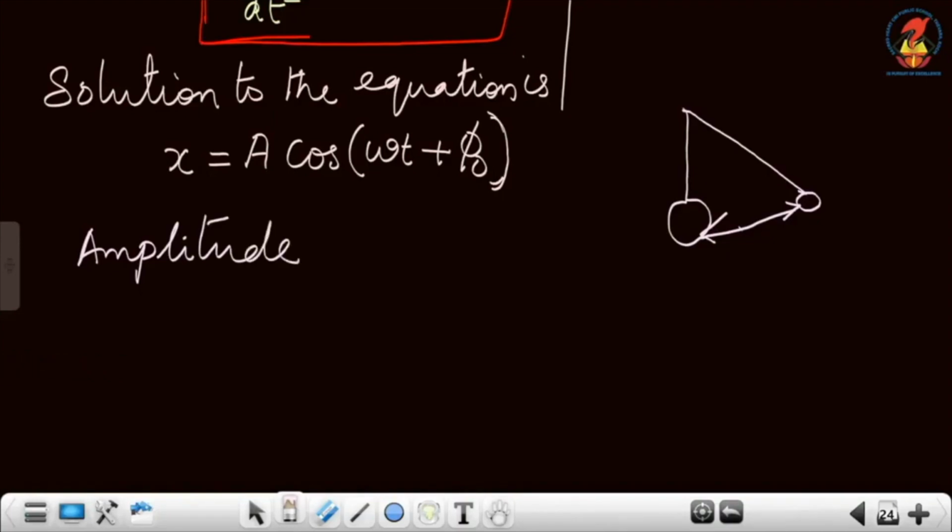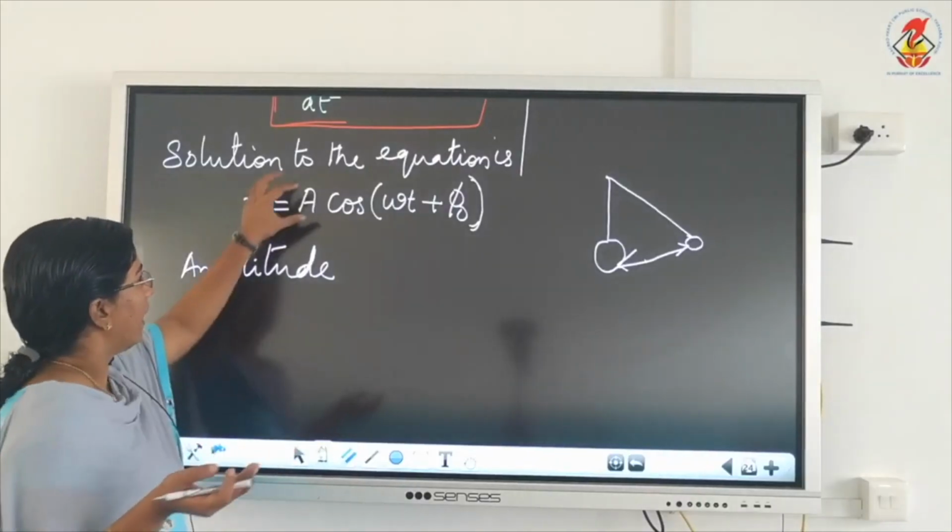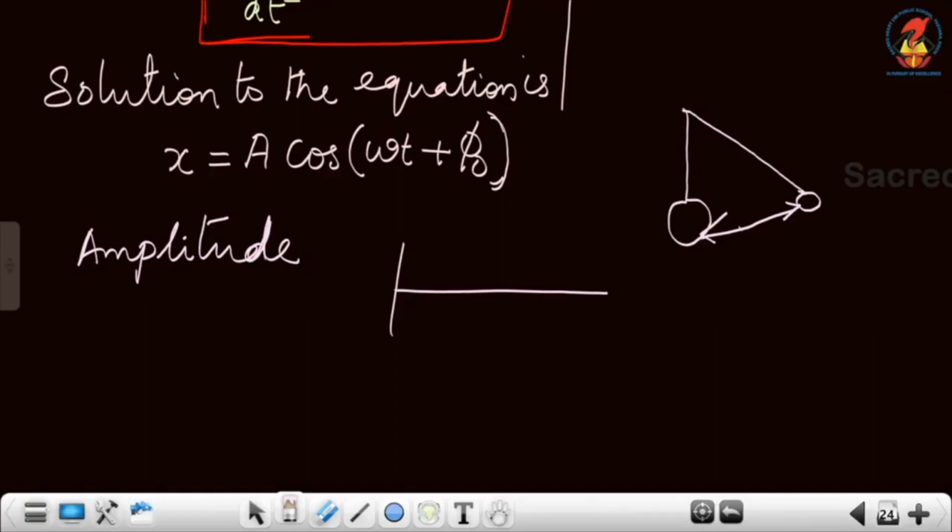Since it is a cos equation, we can definitely express it in the form of a wave, isn't it? We can draw a wave. So if we draw this wave, this much is the maximum value which the wave can have. This much is the maximum value the displacement can have. So, A is known by the name amplitude.